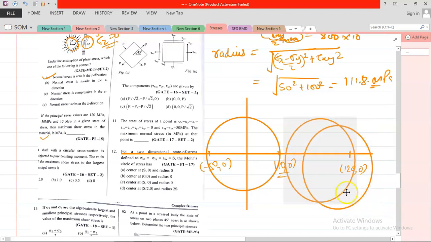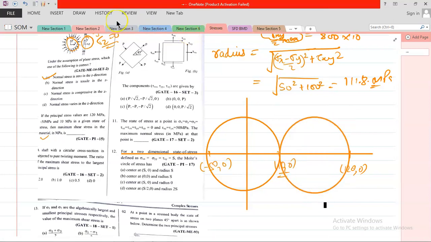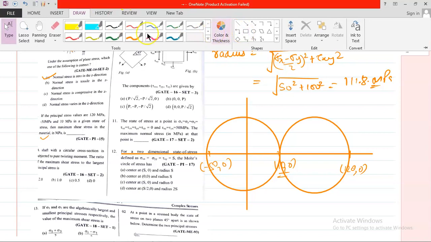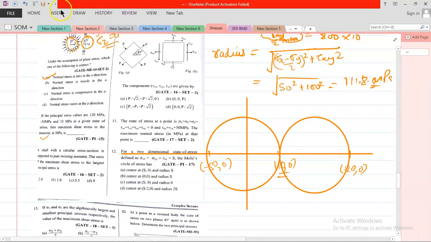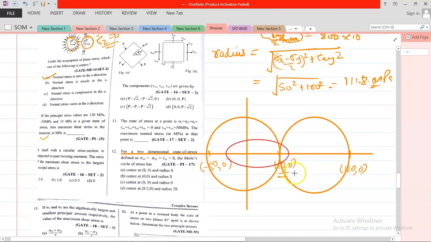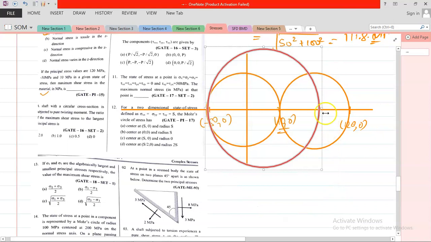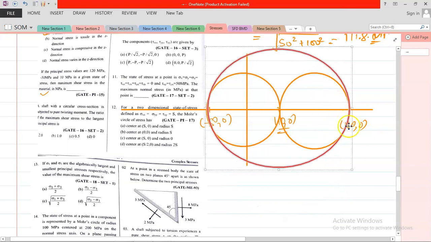You can draw three Mohr circles. Okay, this is your second Mohr circle, and the third Mohr circle will be between minus 50 and 120. So if I take this, this is your third Mohr circle.